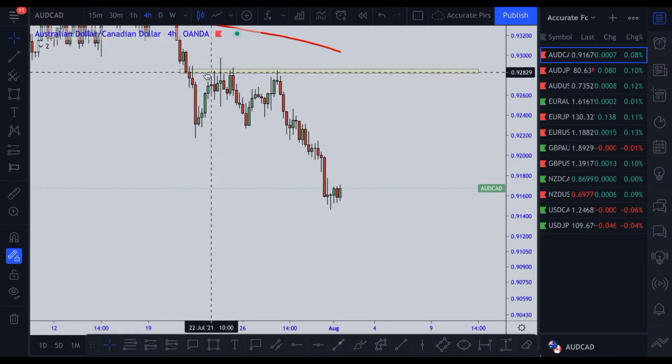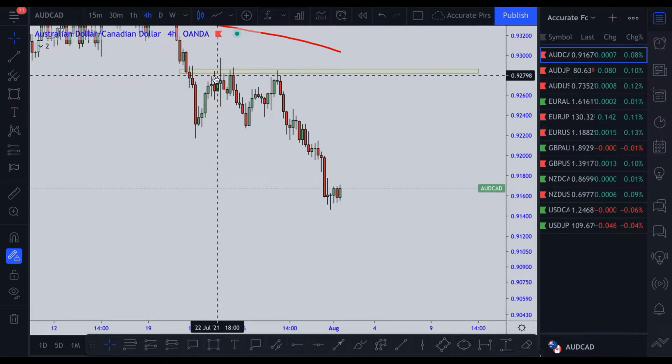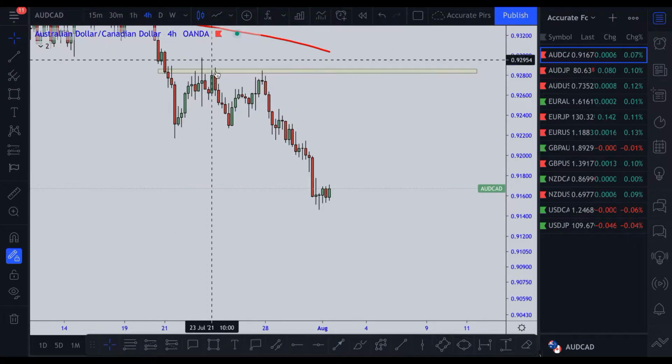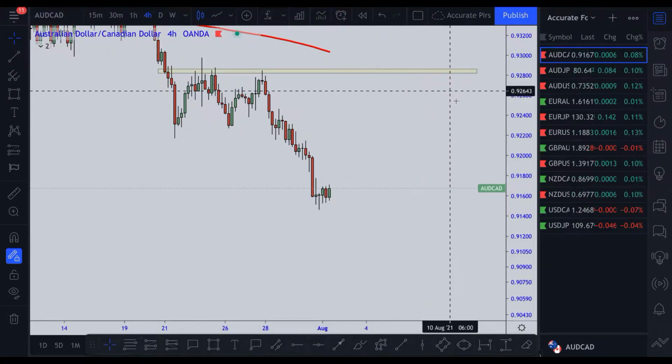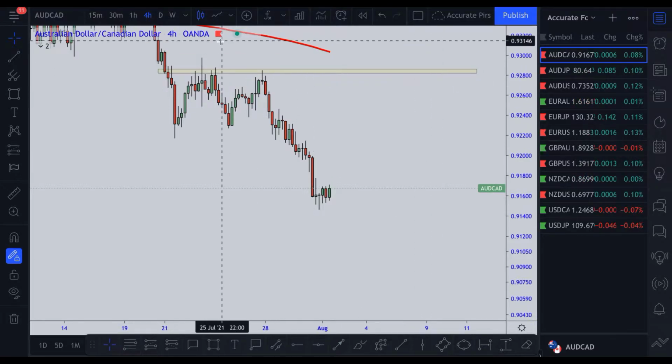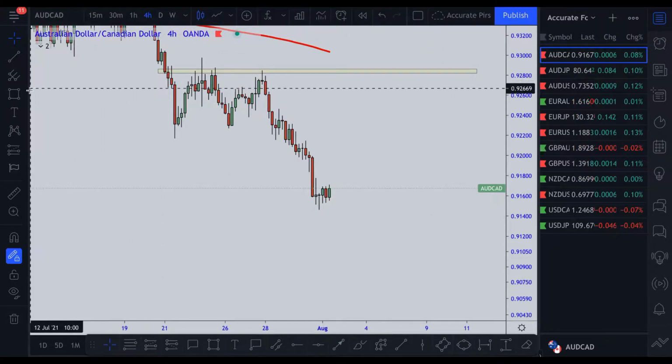So this is a nice resistant level, I think, for AUDCAD, we should highlight and look out for. Price might not even come back up to this level right here, but it's a price level that I would like to look out for.